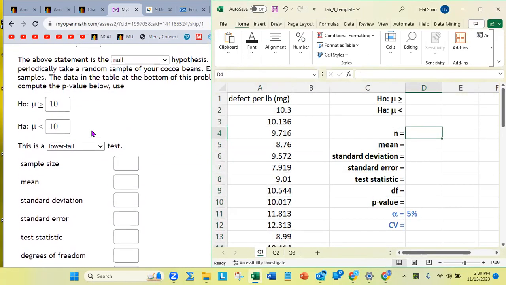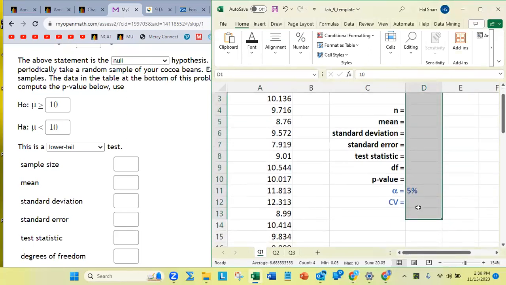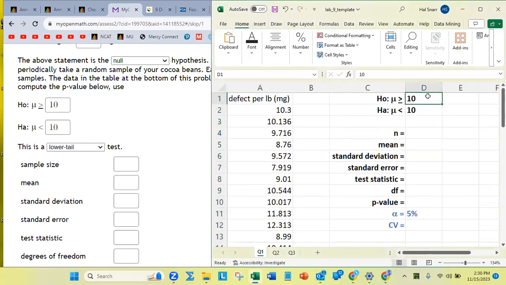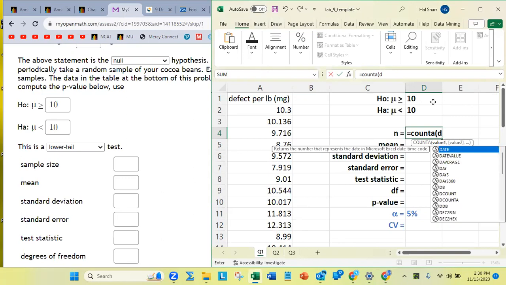So let me go back up here. This is the hypothesized value 10. I'm going to do a COUNTA function, and then I'm going to type defect.